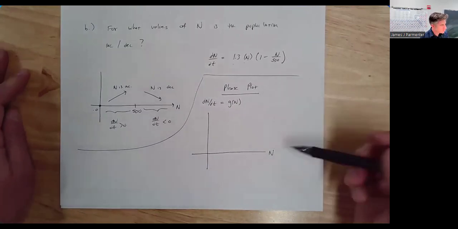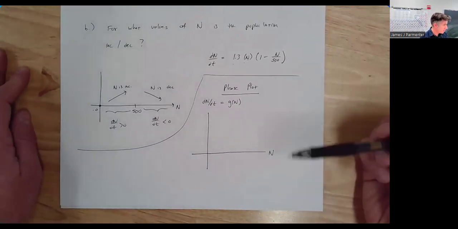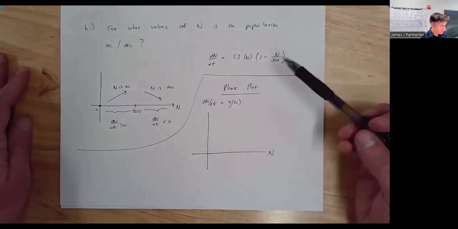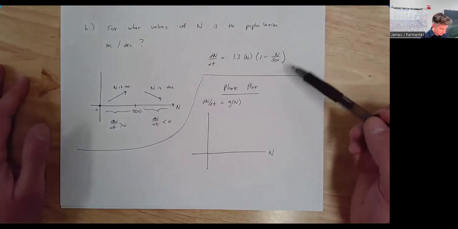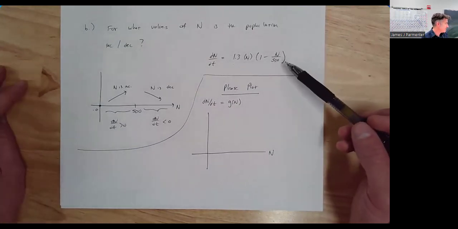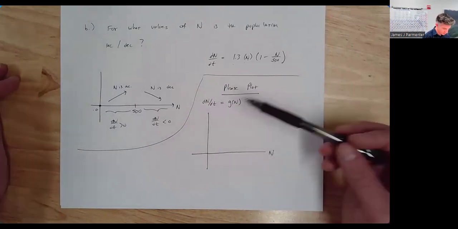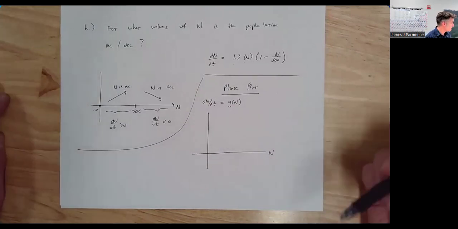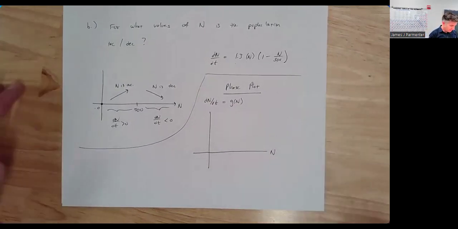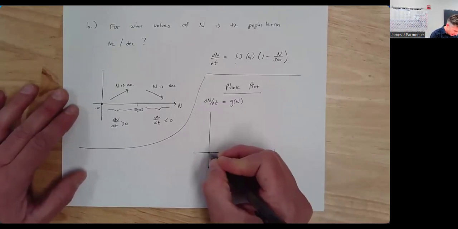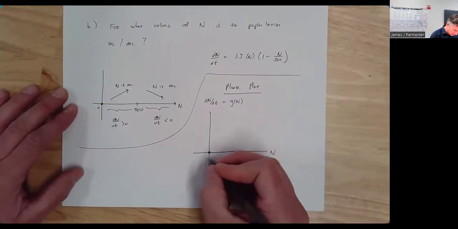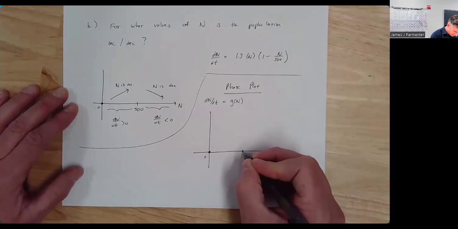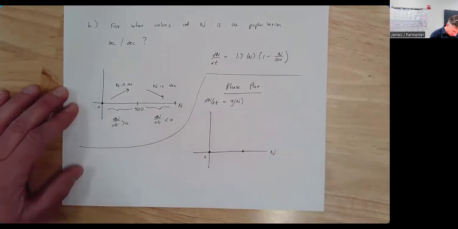We only really draw the phase plot for autonomous differential equations. If this differential equation depended on t, it wouldn't lend itself to doing this. So I'm still going to plot my two equilibria, because when n is 0 and when n is 500, dn/dt is equal to 0.